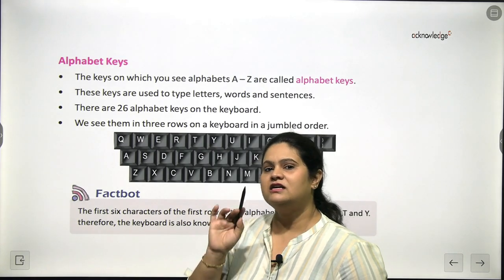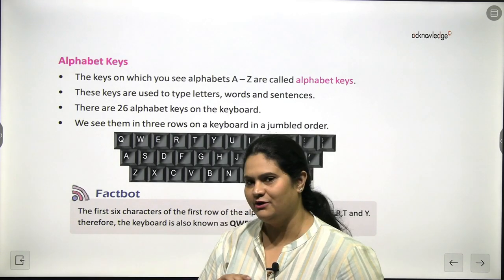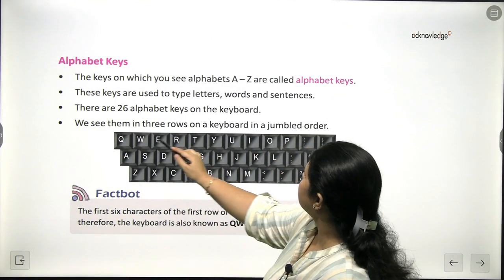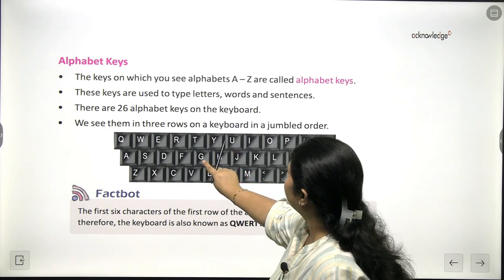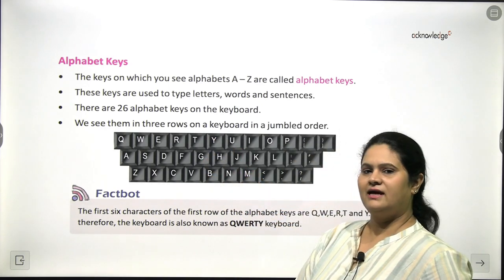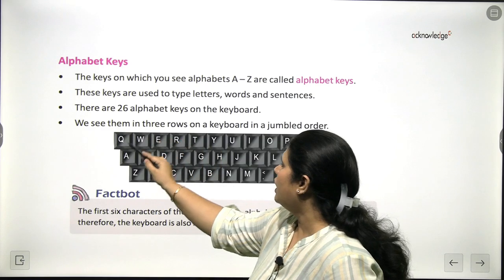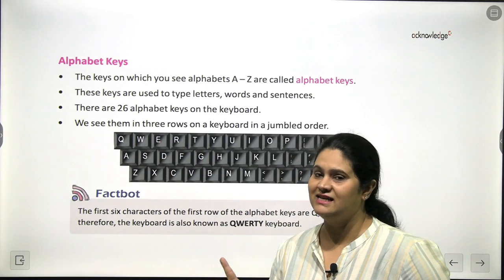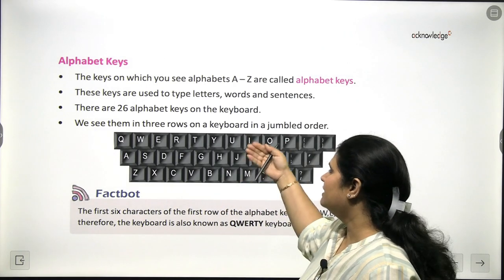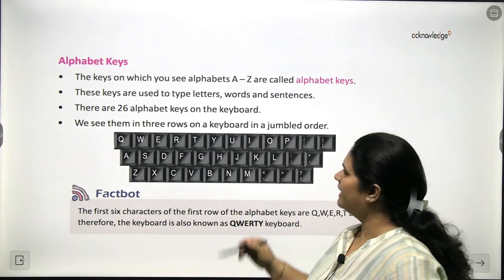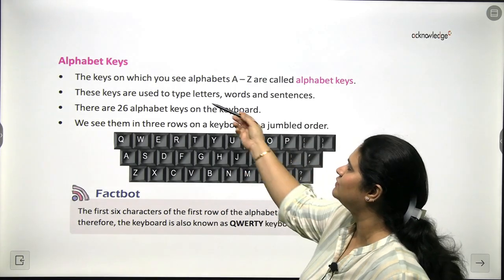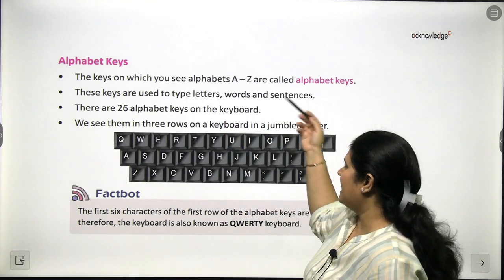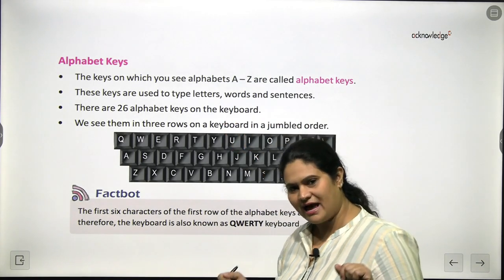Alphabet keys are 26 in number. Will you remember this? Good, children. Now, we see them in 1, 2 and 3 rows. And as you can see, all these alphabets are not written in a sequence. They are in a jumbled order, right? And what are these keys used for? They are used to type letters, words and sentences, right?